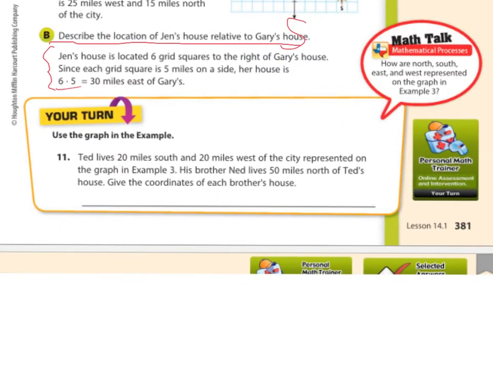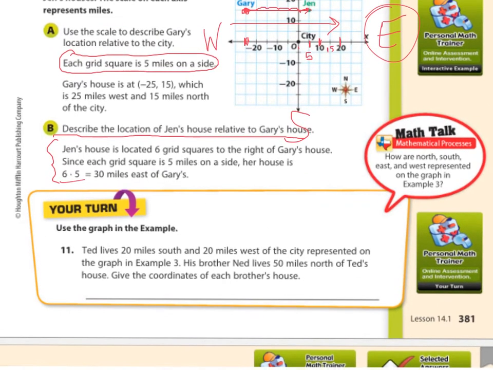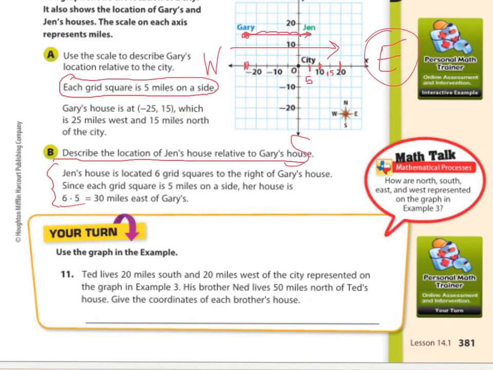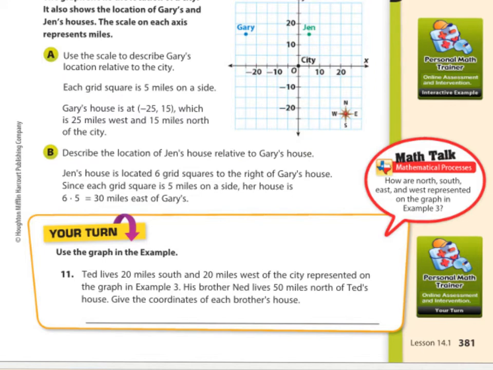Ted lives 20 miles south and 20 miles west of the city represented on the graph in example 3. His brother Ned lives 50 miles north of Ted's house. Give the coordinates of each brother's house. Okay, so I'm going to delete some writing up here. I'm thinking this problem through. Ted lives 20 miles south.